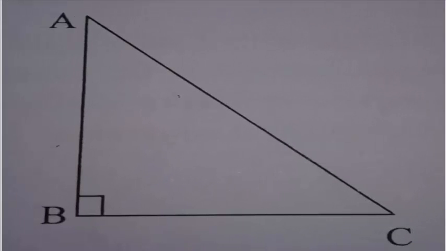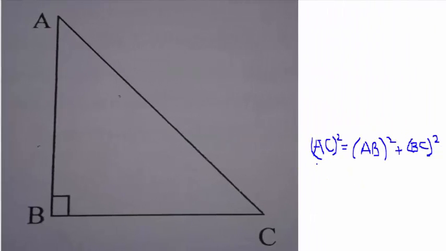Our third type of triangle is a right triangle. A triangle where one of the interior angles is a right angle is called a right angle triangle. The side opposite to the right angle is called the hypotenuse. In a right angle triangle, Pythagoras theorem is used. So the Pythagoras theorem is as follows.